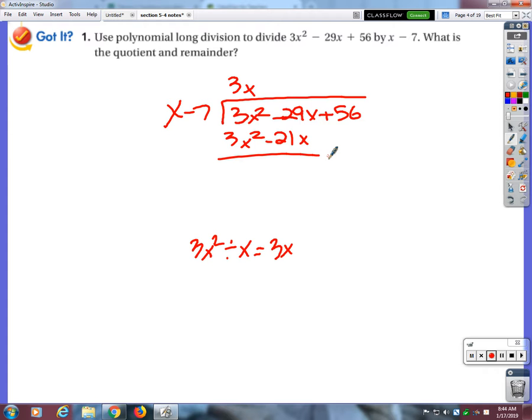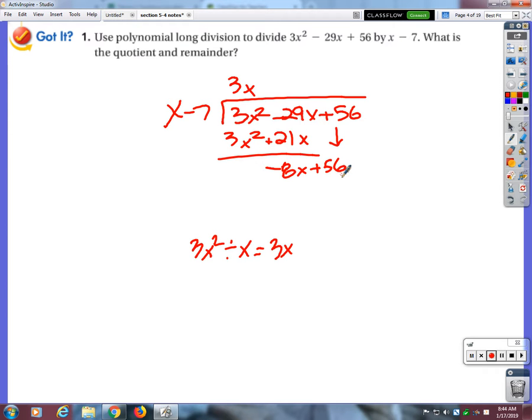Okay, here's where things really get crazy, okay? 3x squared minus 3x squared cancels. But if I have negative 29x minus negative 21x, I'm really going negative 29x plus 21x, which would be what? Negative 8x. Okay, and then I also bring down the 56.